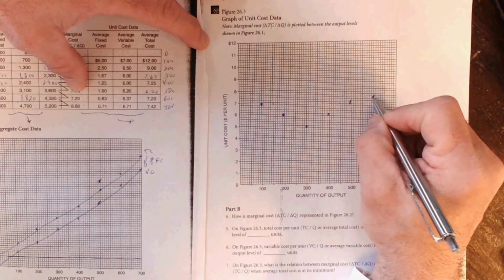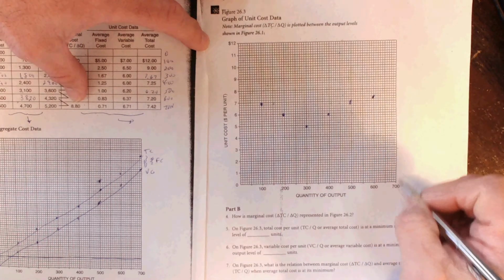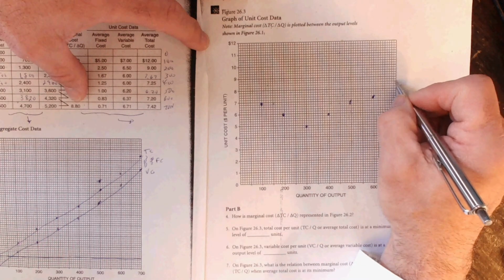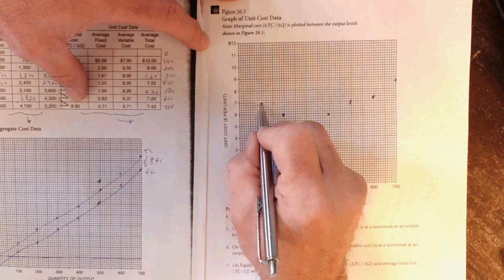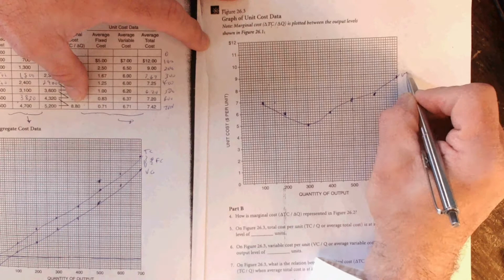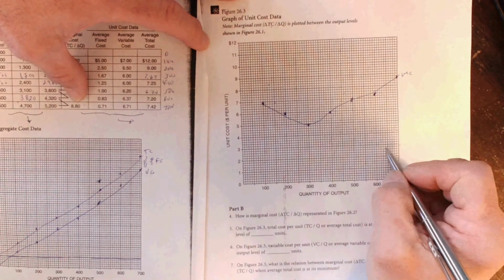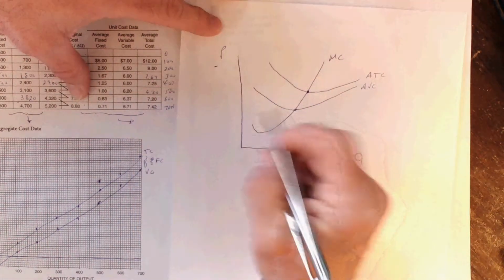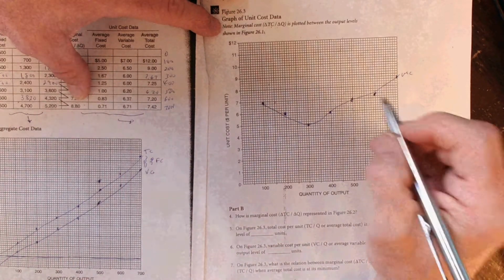That's interesting. And 700 is 880. Okay, so we're going to connect these. And this is your marginal cost curve. Alright, we're going to draw it smoothly as a check mark.